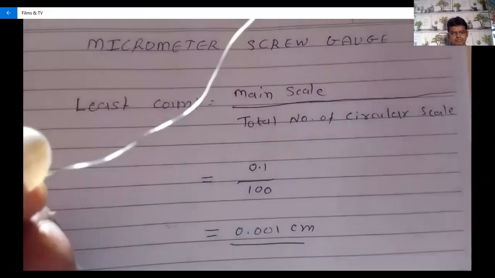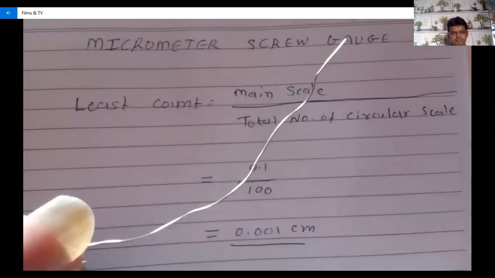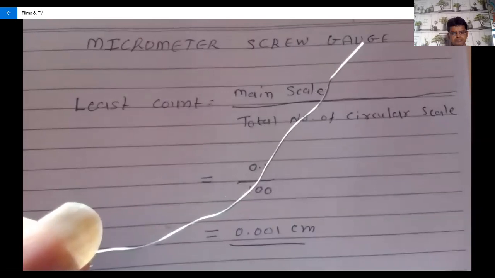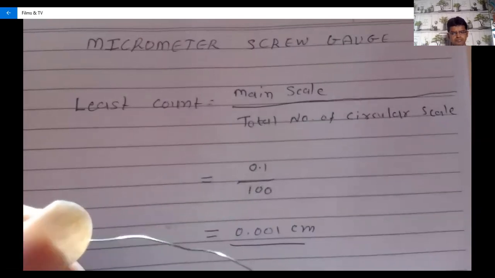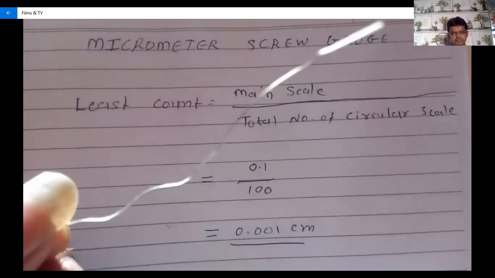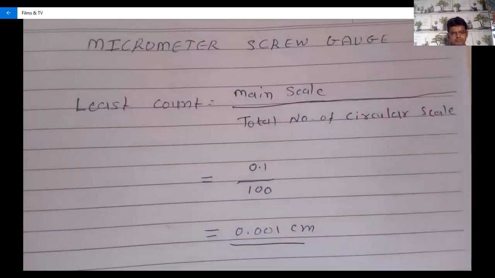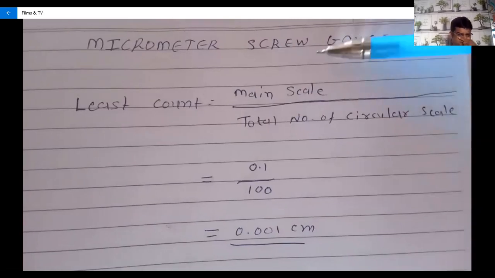Now we are unable to use vernier calipers, because the surface is thin. So definitely this time we use a new setup, a micrometer screw gauge.